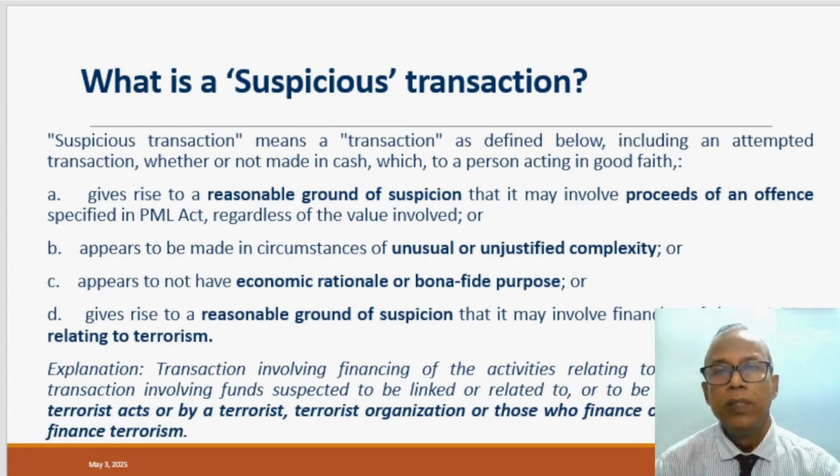For example, during Notebandi times, there were some unusual deposits in PMJDY accounts, which were reported by the banks to the FIU-India, and FIU-India, after confirming, referred the matter to ED or CBI for further verification and necessary action. Any suspicion of terrorism financing also qualifies. Such transactions must be reported immediately to FIU-India without informing the customer.